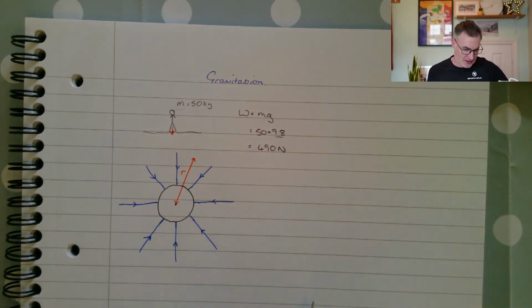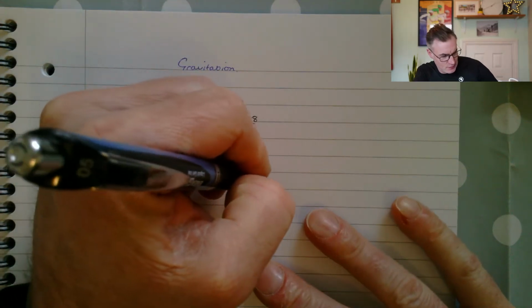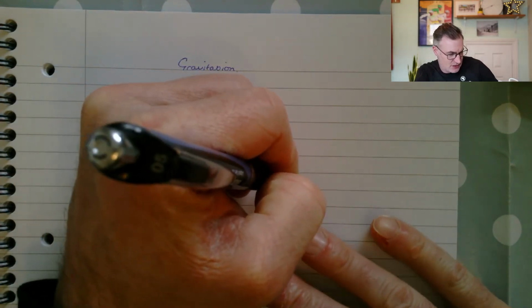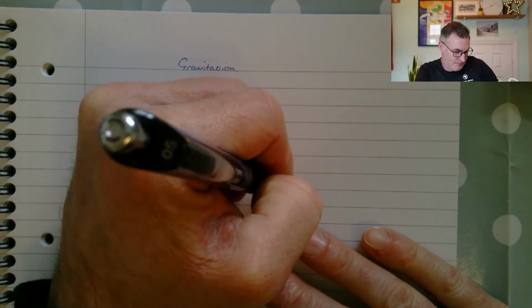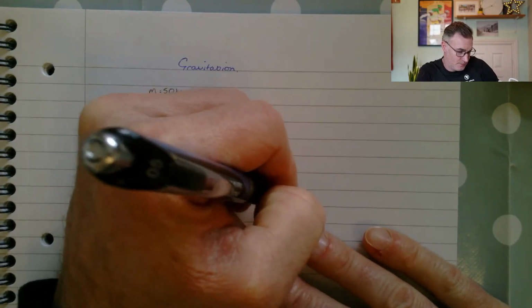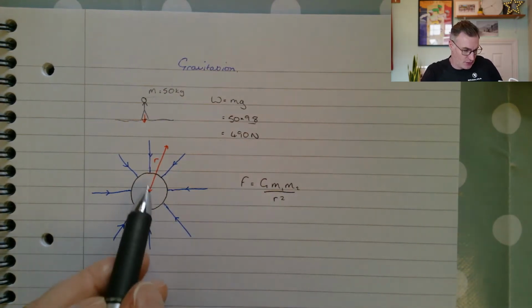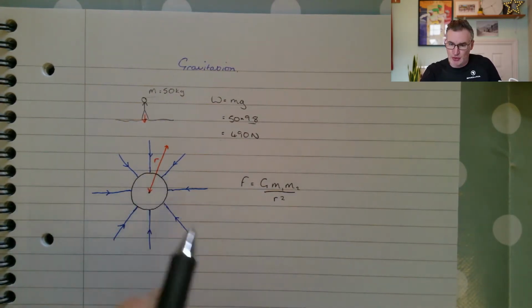And in fact, Newton's inverse square law of gravitation gives us F is equal to G m1 m2 over r squared. And so you can see it's inversely proportional to the square of the radius.